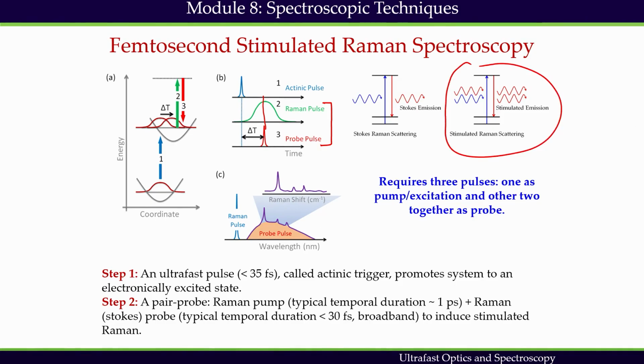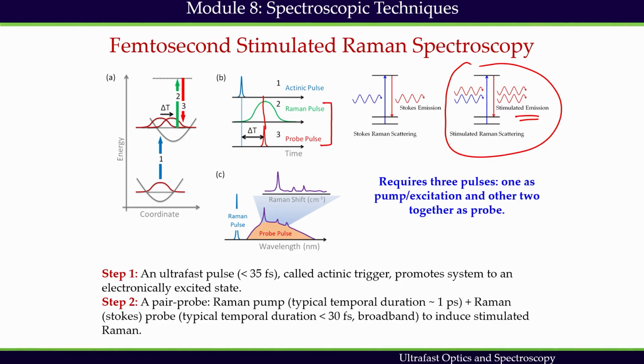If the difference of the frequencies of the two pulses matches the molecular vibrational frequency of the sample, we get this stimulated emission. Raman gain spectrum is generated only during the time that the Raman probe pulse is on the sample, and thereby less than 100 femtosecond time resolution can be obtained using femtosecond stimulated Raman spectroscopy. On the other hand, a full Raman vibrational spectrum over a 3000 wave number window can be obtained using this spectroscopic technique.